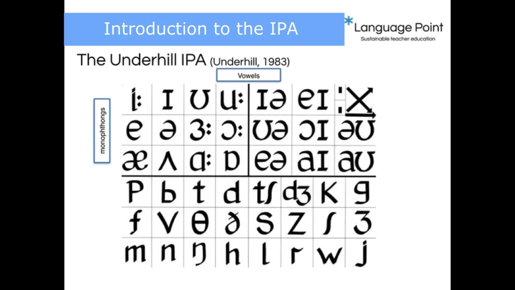Now, next to some of those symbols, we have these two little dots, and that is to differentiate long sounds. So these sounds are long. Those two dots denote length in the phoneme. So for example, this sound here is E, which is a long sound, and we can contrast that with I, which is a short sound.